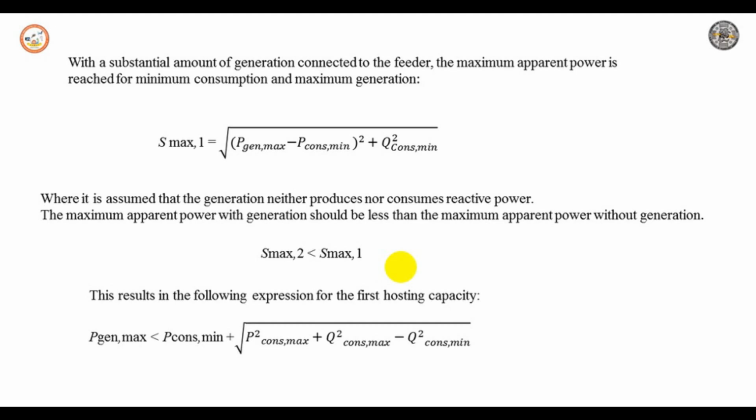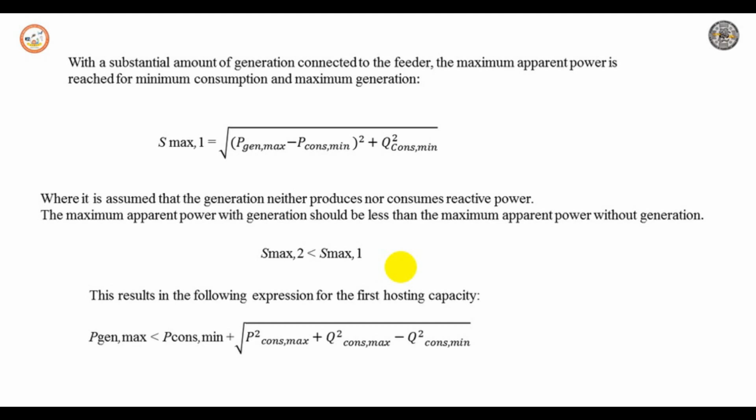That is, S max 1 is equal to the root of (the power generation at a maximum minus the power consumption at a minimum) to the whole square plus Q square consumption minimum, where P refers to active power and Q refers to reactive power.